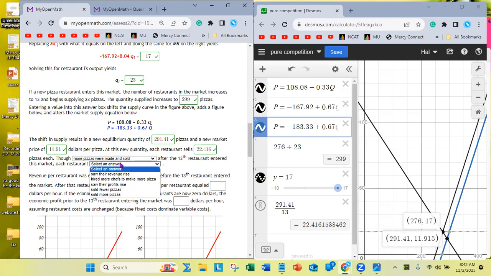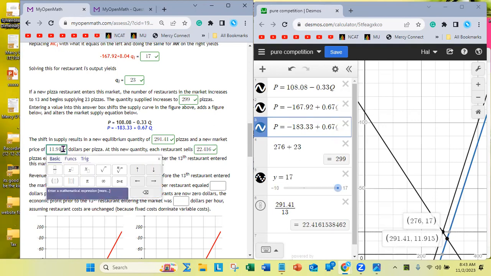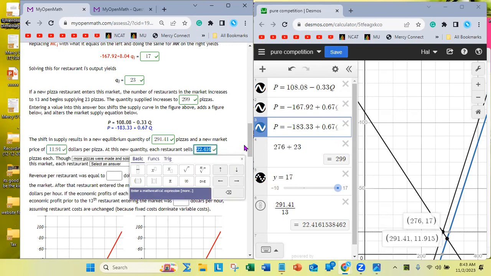Each restaurant saw what? They saw their revenue rise, hired more chefs to make more pizza, saw their profits rise, sold fewer pizzas, sold more pizzas. To answer that, you have to compare this number here. This is what each of the 13 restaurants supply after the 13th one entered the market.